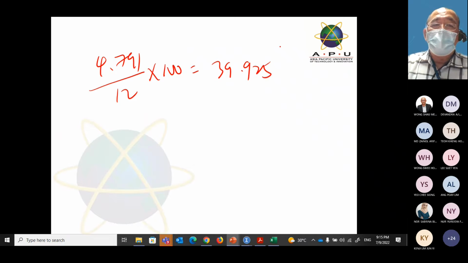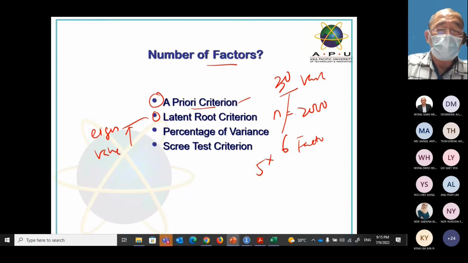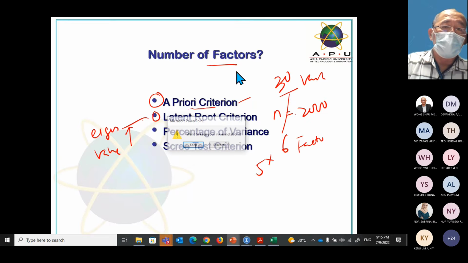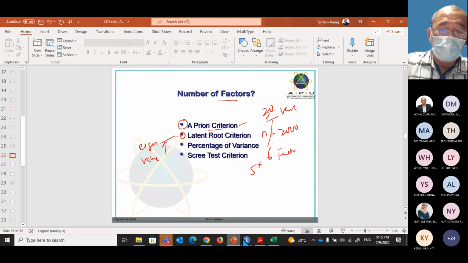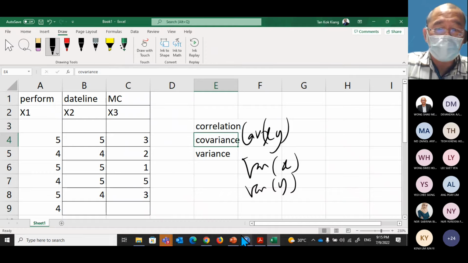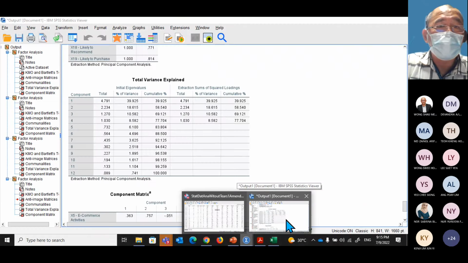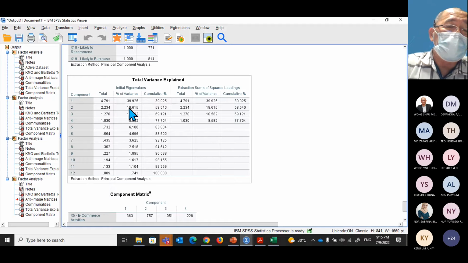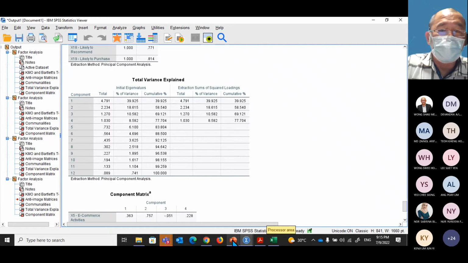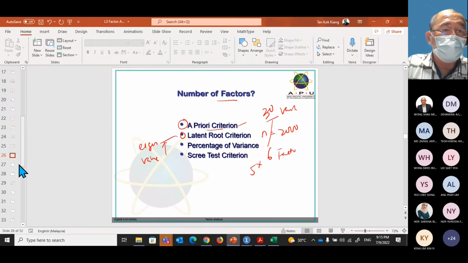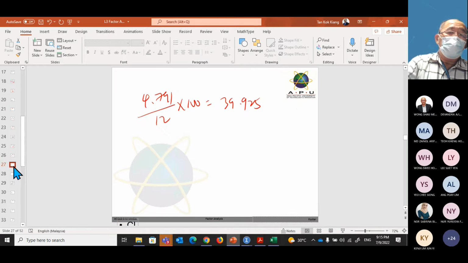This is how you compute 39.925. You can try it. Any question?